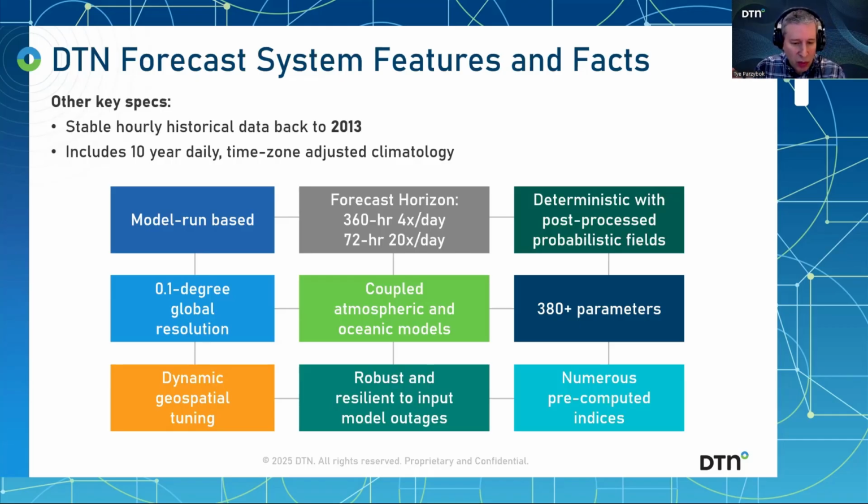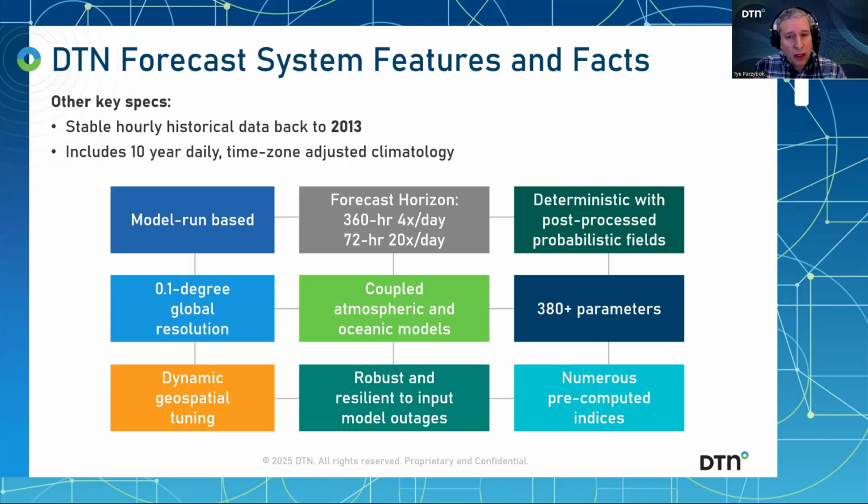When I say parameters, I mean we're outputting things like temperature, wind speed, precipitation, humidity. We're up to about 180. And this is where we really start speaking to the decision grade data. We're creating parameters that will help you make your decisions faster and more reliably.